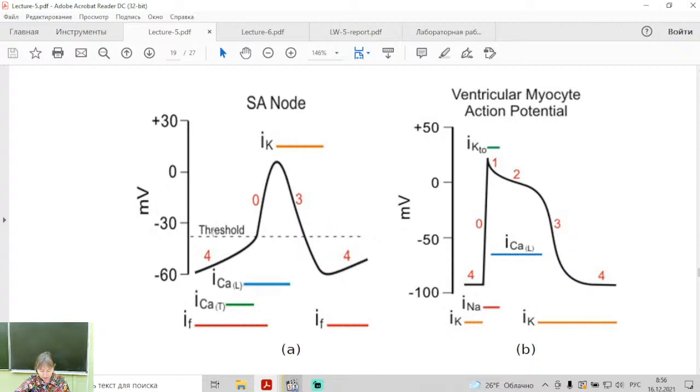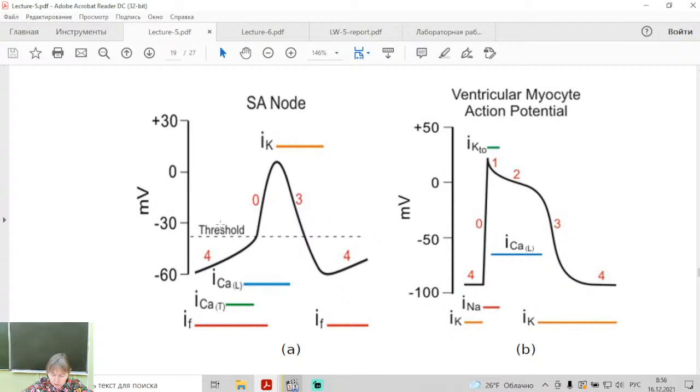The changes in membrane potential during the different phases are brought about by changes in the movement of ions across the membrane through ion channels that open and close at different times during the action potential.